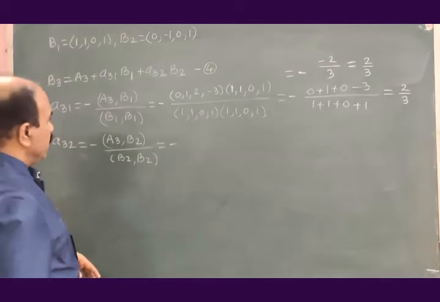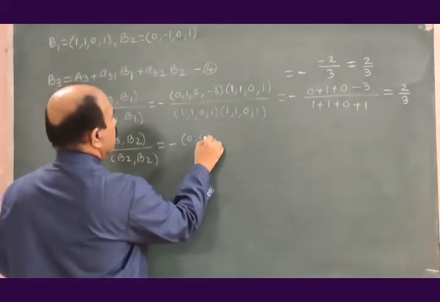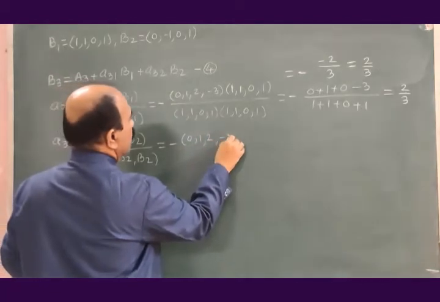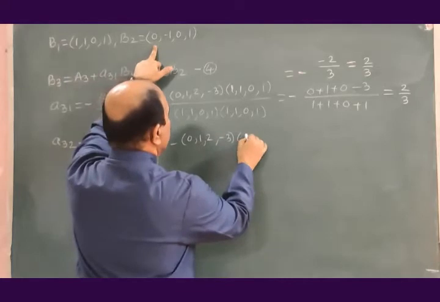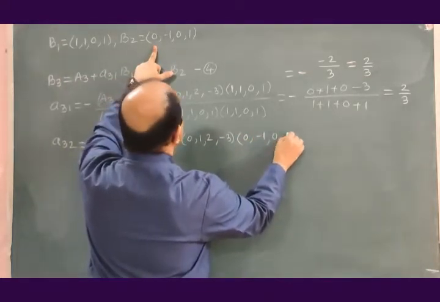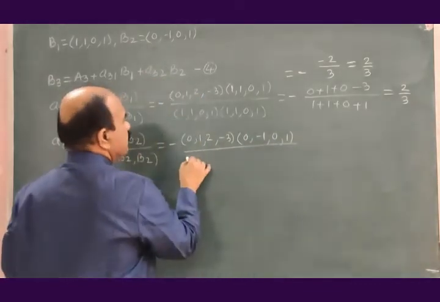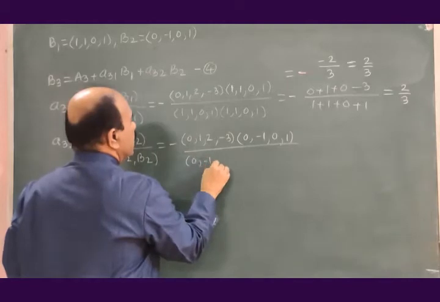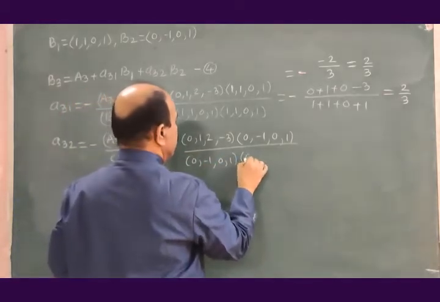This is equal to, with minus sign, A3 (0, 1, 2, -3) into B2. B2 is here (0, -1, 0, 1), divided by (0, -1, 0, 1) into the same thing.